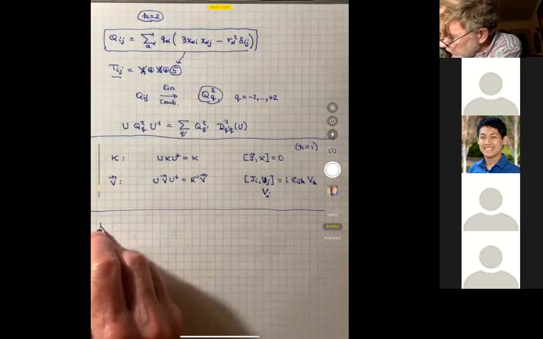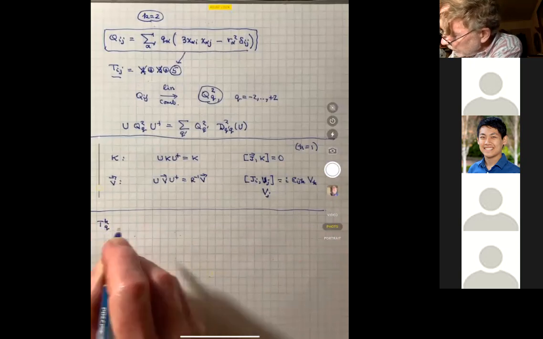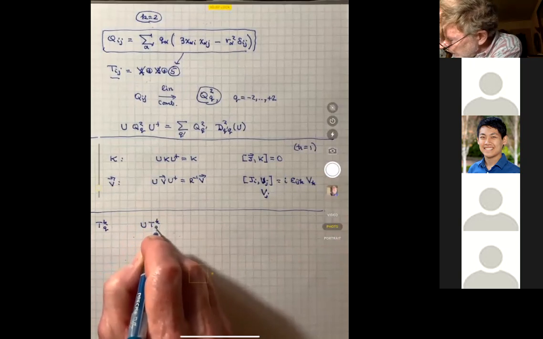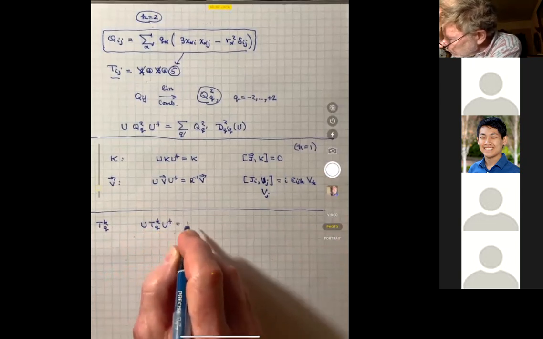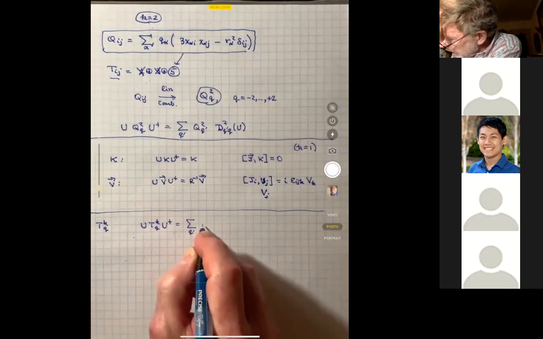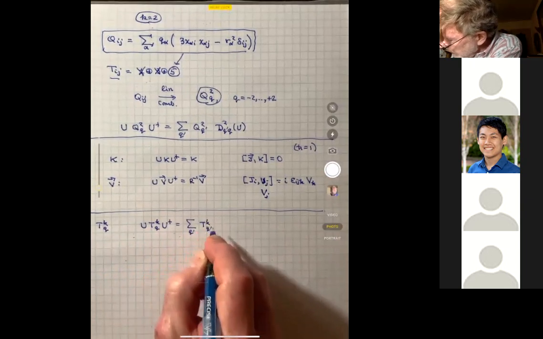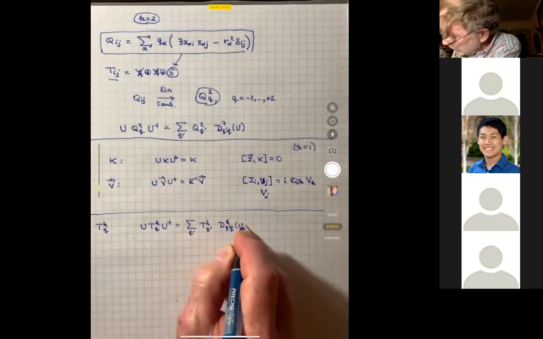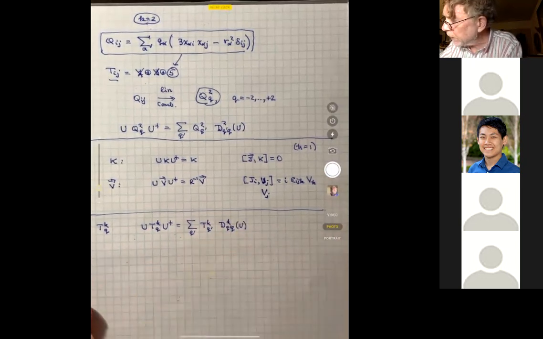Now, for irreducible tensor operators, T^K_Q, we've got a definition in terms of finite rotations. It's this: U T^K_Q U dagger is equal to the sum on q prime of T^K_Q' times D^K_{Q'Q} of U. I'm just copying the formula that I wrote down earlier in my table of transformation properties.